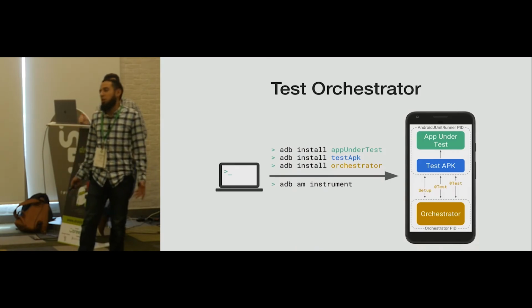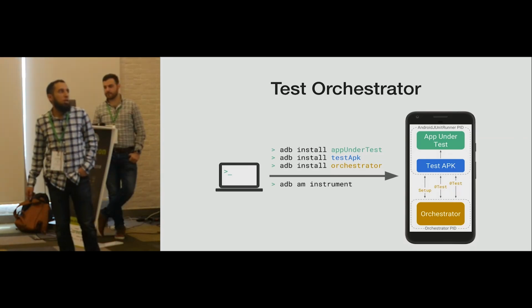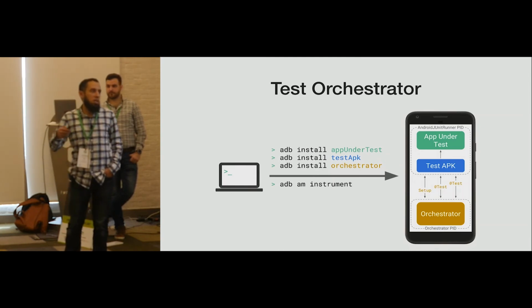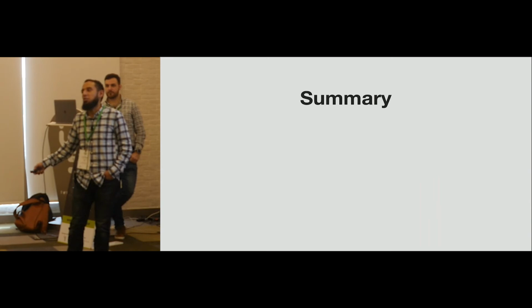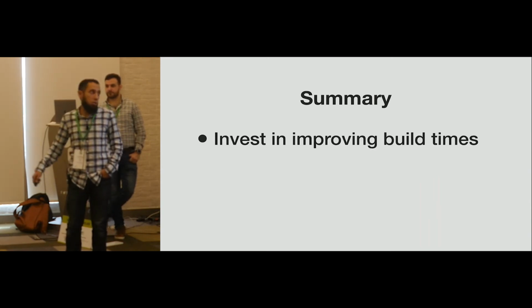And then, crashing tests. For that last one, Google has provided the test orchestrator, so that for instrumentation tests specifically, instead of one instance of instrumentation under which the tests run, we can run each test under its own instance of instrumentation, so that if something crashes in one test, it doesn't crash all the tests.